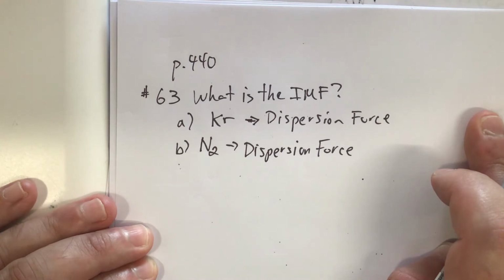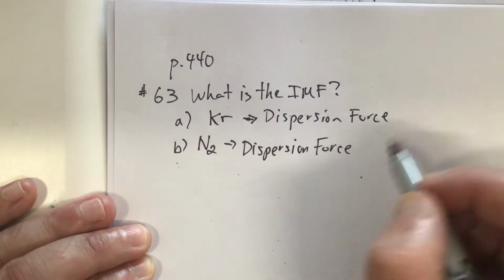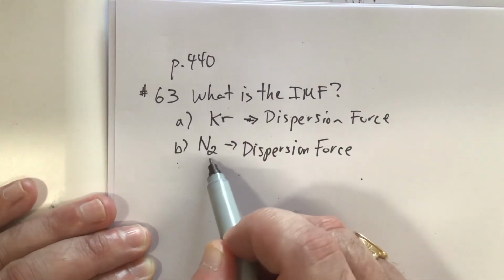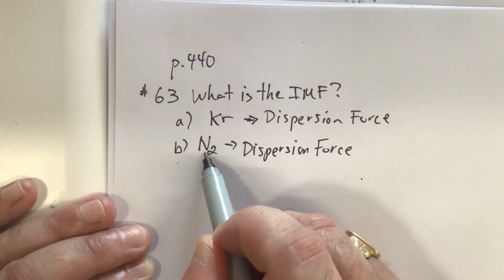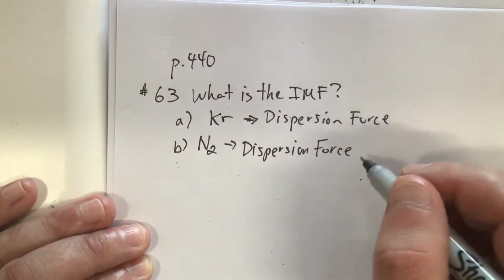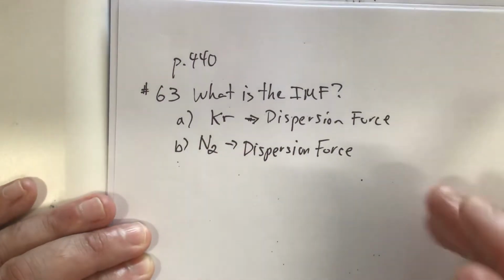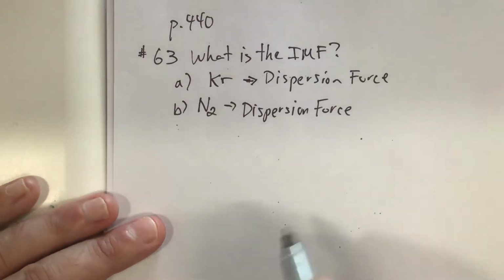So it has a dispersion force. Does it have a dipole? Well, no, there can be no polar bonding because the electronegativity between these two nitrogens is going to be the same. There's no hydrogen involved, so it can't have hydrogen bonding, and there are no ions here. So the only one it has is a dispersion force.